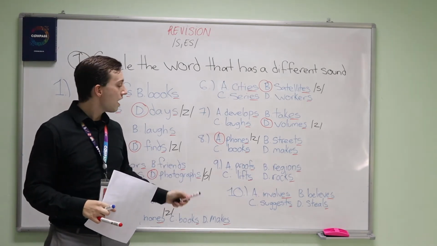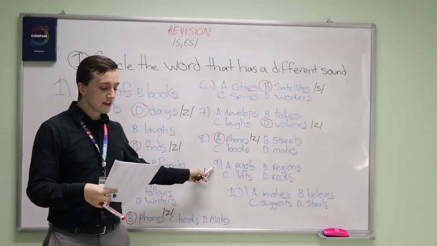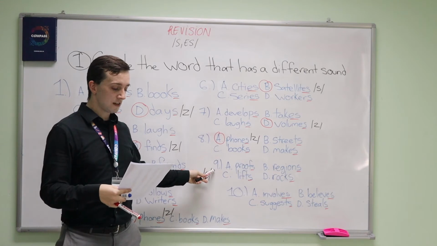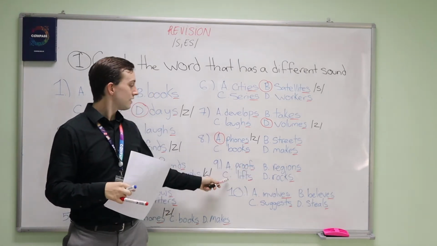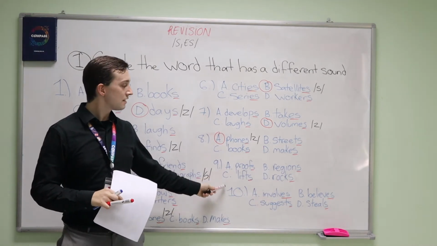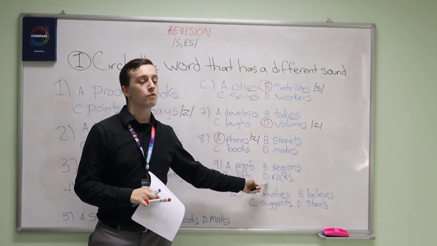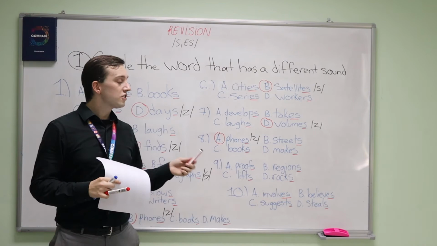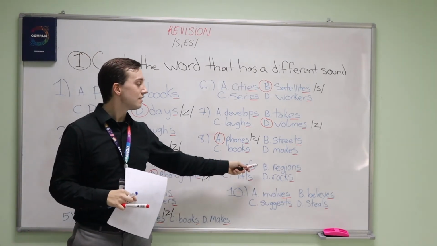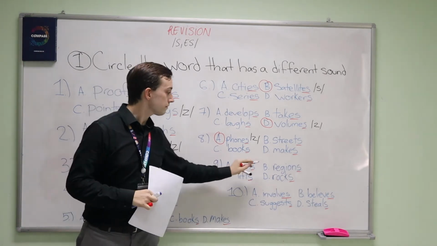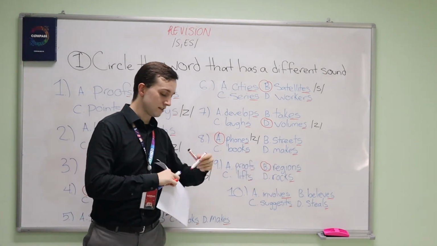Okay, 2 more questions. Let's do number 9. A is proofs. B is regions. C, lifts. And D, rocks. In question 9, the different pronunciation word is B. Regions.